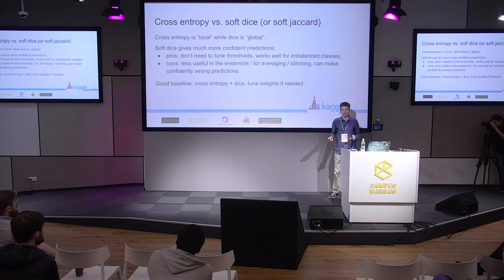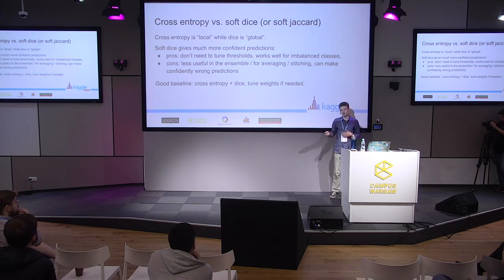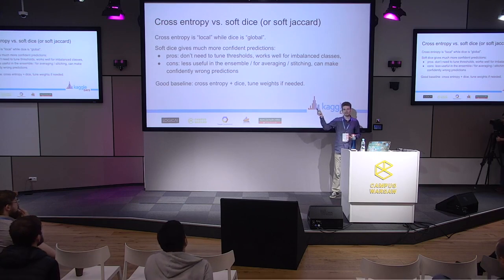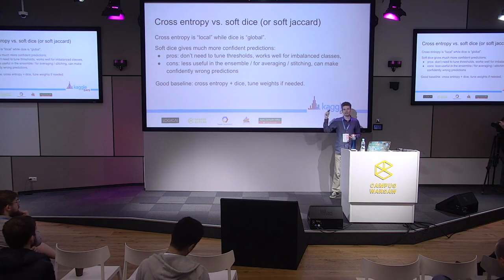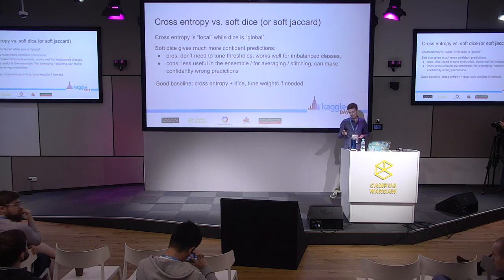Compared to cross entropy, Dice allows us to work with class imbalance better because Dice is global. If we have some small object and we mispredict it, cross entropy will not care much, but Dice will care a lot because intersection and union change a lot even if the object is small.